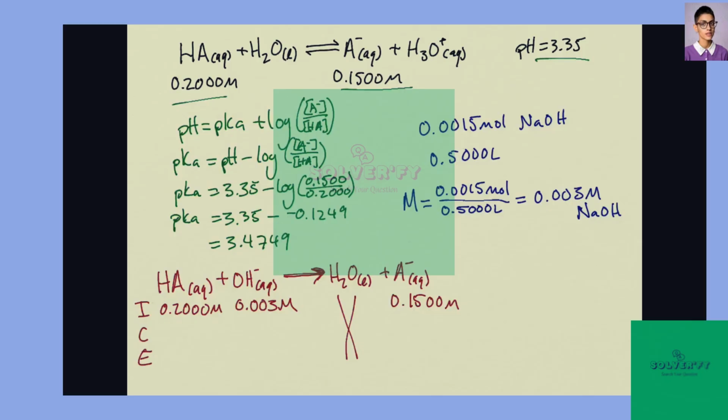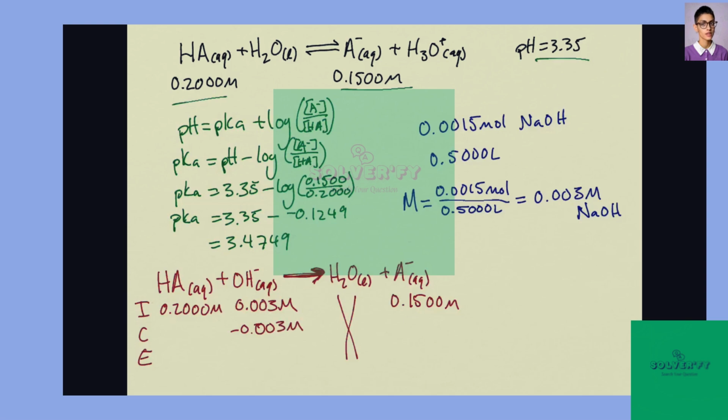To find the change, this is a complete reaction, so whatever can react on the left side will. So all of this OH- will react. So the change is going to be negative 0.003 molar.